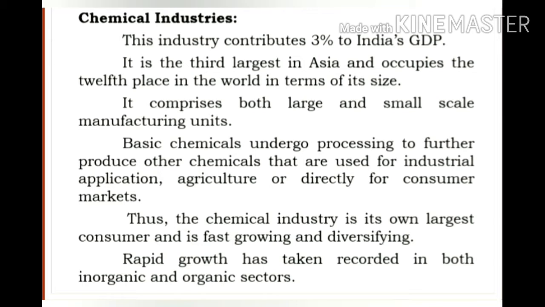Basic chemicals undergo processing to further produce other chemicals that are used for industrial application, agriculture, or directly for consumer markets. Thus, the chemical industry is its own largest consumer and is fast growing and diversifying. Rapid growth has been recorded in both inorganic and organic sectors.